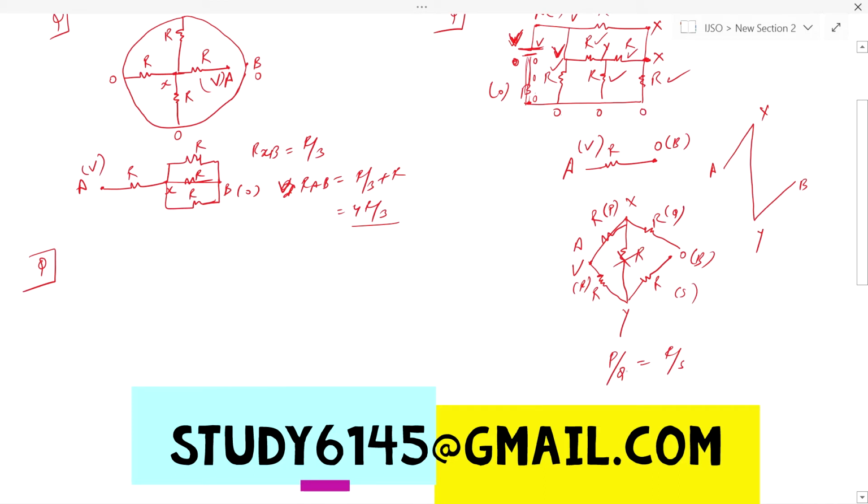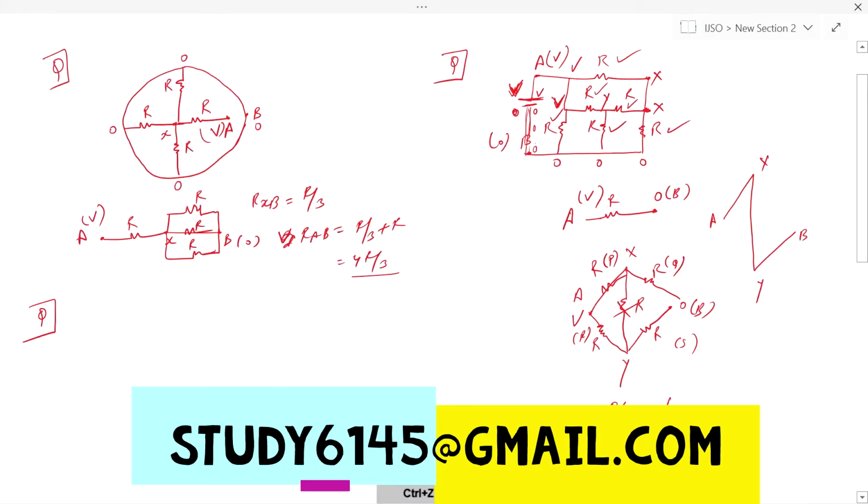Okay, 1 minute. P by R equal to Q by S. So this will be eliminated. 2R by 2R. Answer is R.